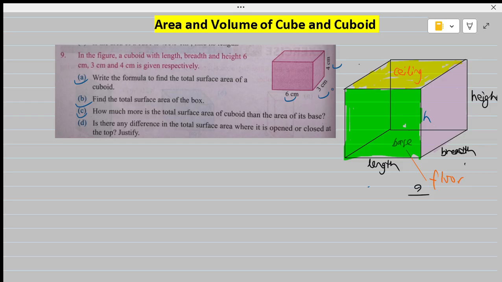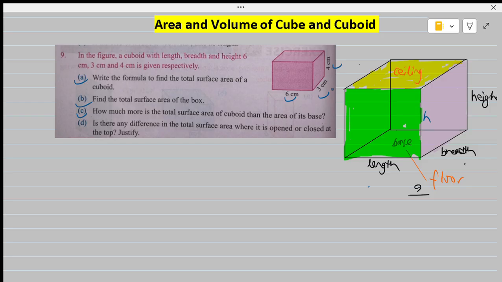And number C, what's here? How much more is the total surface area of the cuboid than the area of the base? So here the area of base is the area of the floor, that is LB. You find the area of the floor by using L into B. And now what you have to do here is find the difference, because it said how much more is the total surface area compared to its base.